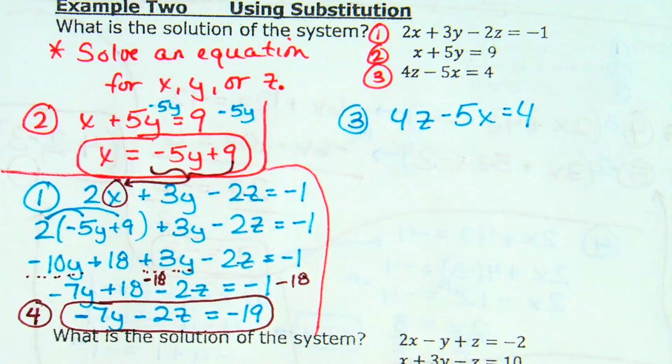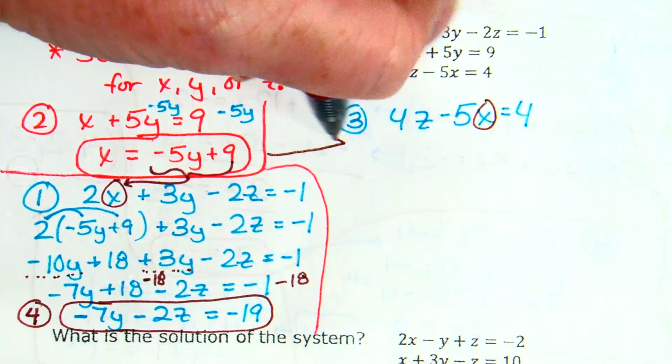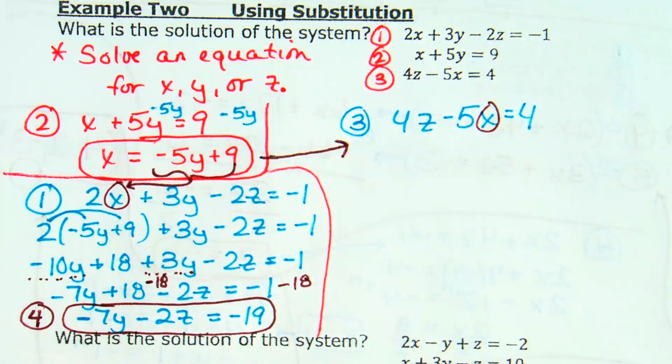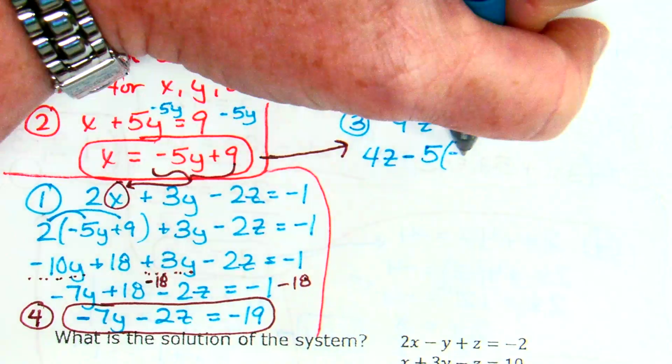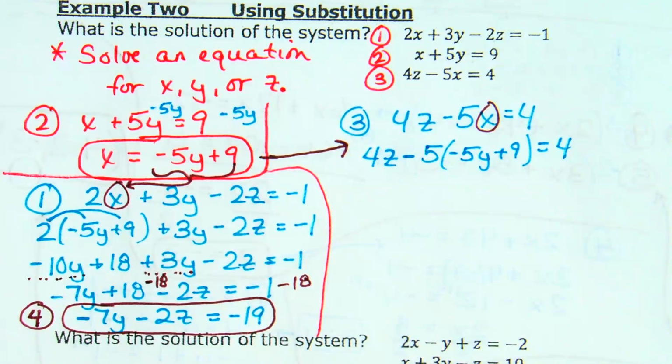Every place I see an x, I'm plugging in negative 5y plus 9. So 4z minus 5x, so minus 5 times negative 5y plus 9 equals 4.